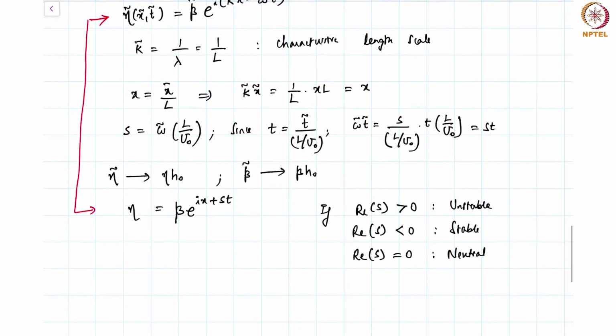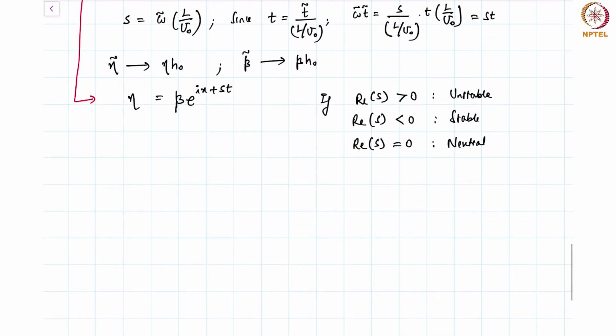So let's just simply substitute this. For example, eta x simply becomes I beta e power Ix plus St. Similarly, eta xx becomes I square beta e power Ix plus St. This is nothing but minus beta e power Ix plus St, and so on.